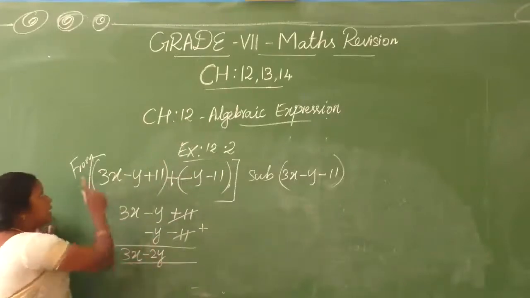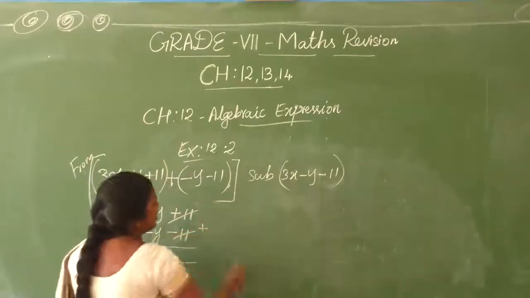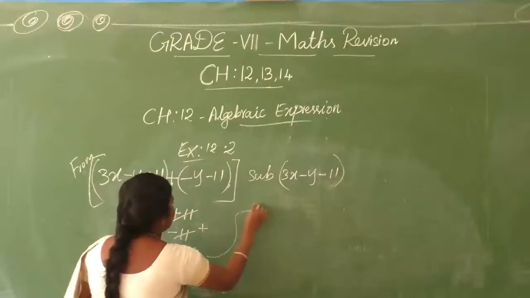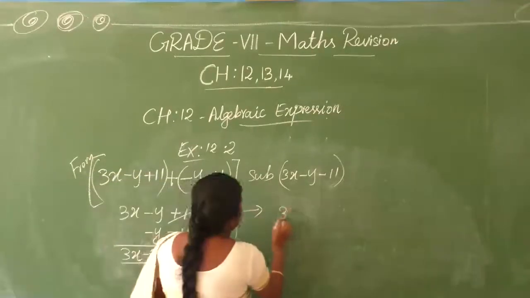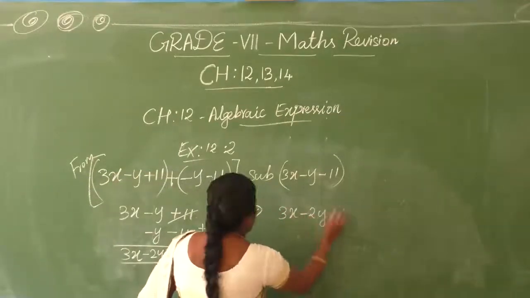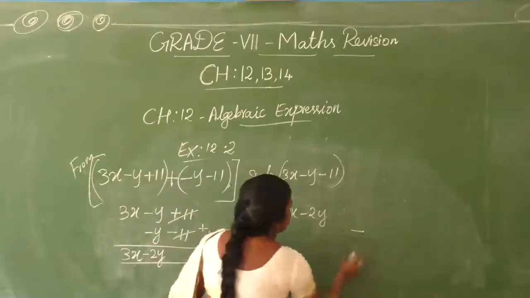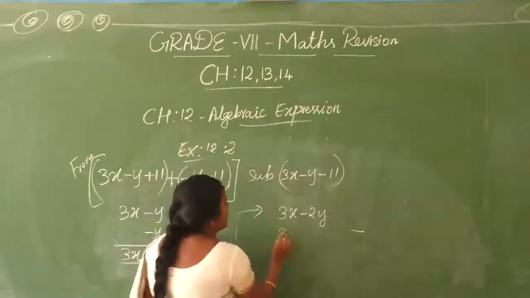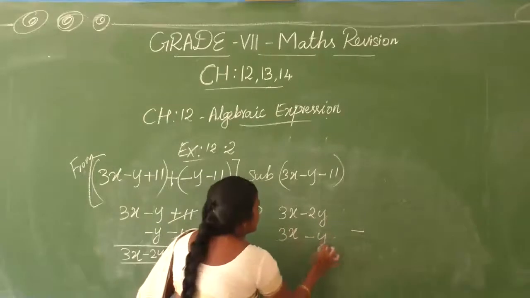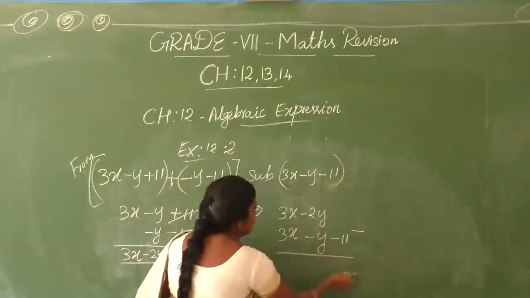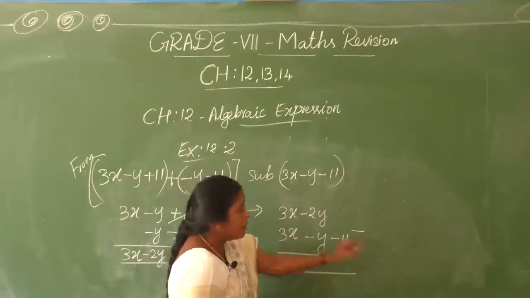From this answer, we should subtract the third one. This answer is 3x minus 2y. From this, what am I going to subtract? The given part, 3x minus y minus 11. Subtraction, here what to do?